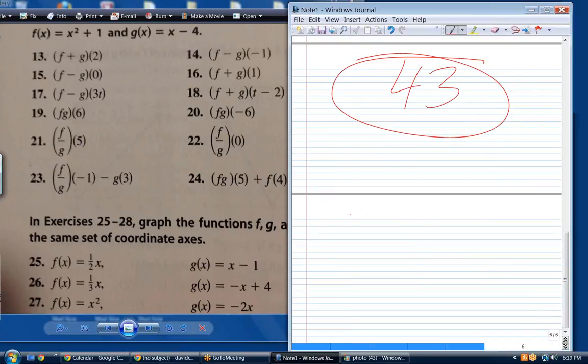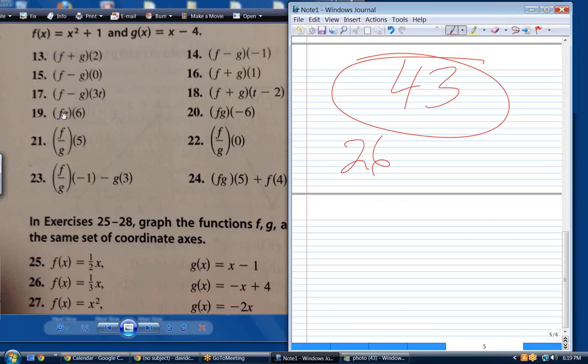So it's going to be f of 5 over g of 5, and then it's going to be 26 over 1. So just 26. And yeah, that's right.